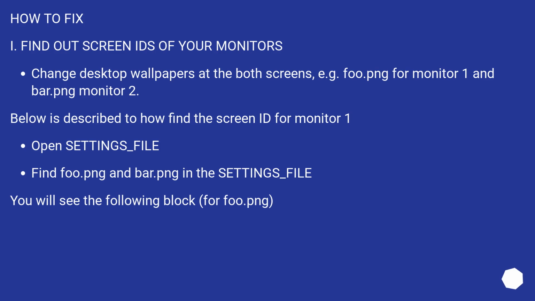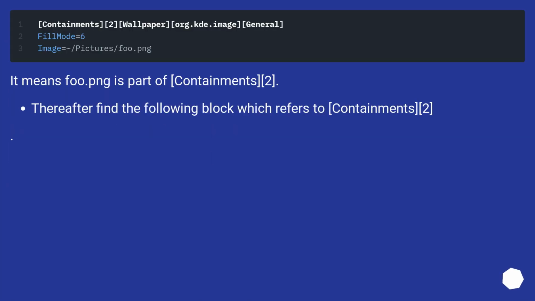Find foo.png and bar.png in the settings_file. You will see the following block for foo.png. It means foo.png is part of Containments 2. Thereafter find the following block which refers to Containments 2.